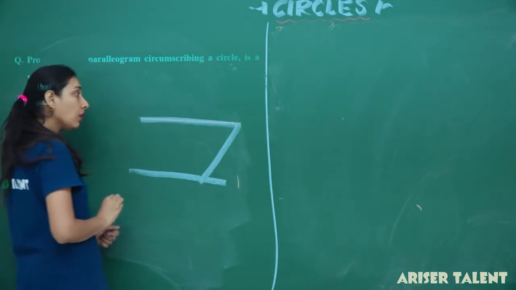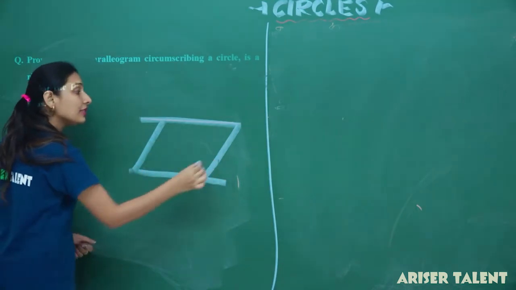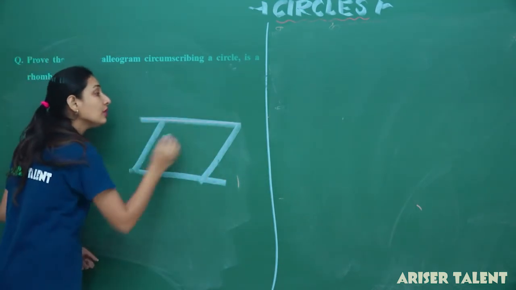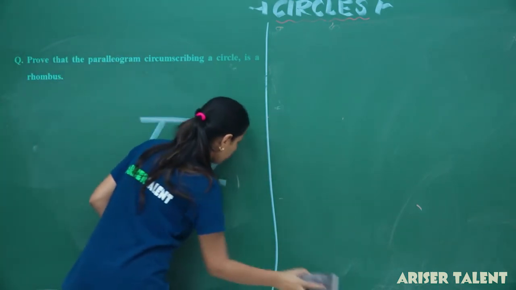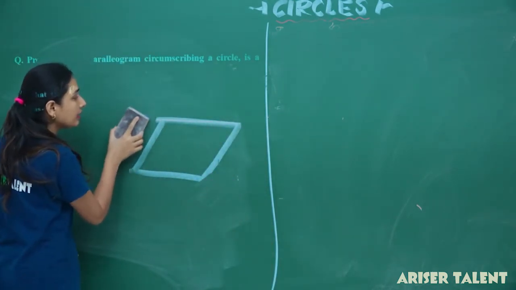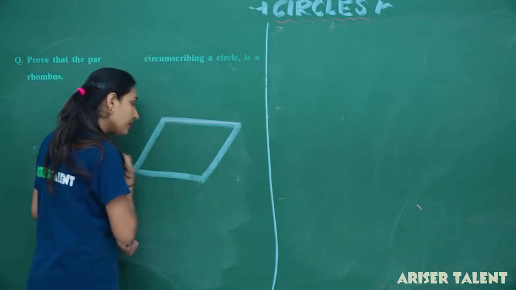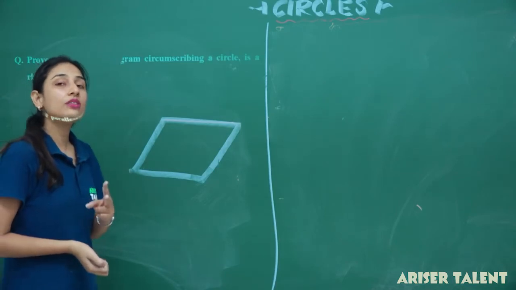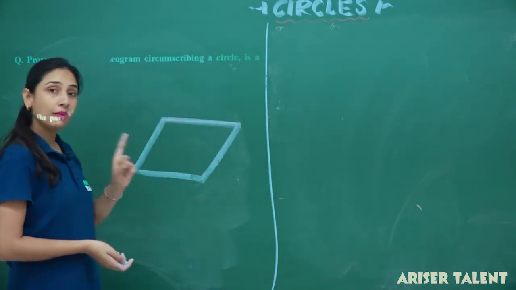Now, I will draw a line parallel to this line. So, these two lines are parallel and these two lines are parallel. Now, if I remove these lines, this closed quadrilateral in which I am having two pairs of parallel lines is known as a parallelogram.